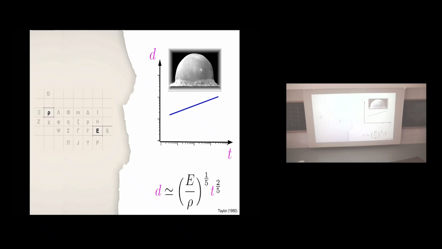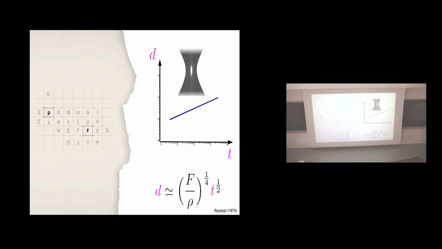Now say I keep the same impeding factor, which is here the density, but I look at a situation where the driver is not an energy but a force. That's another situation, and in that case the power is going to be different.